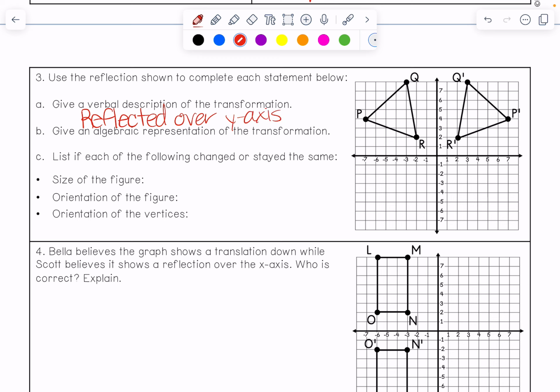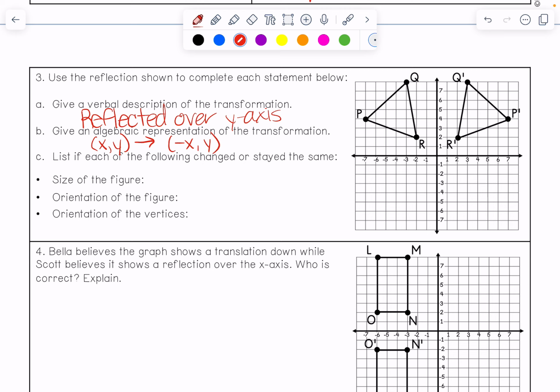And so if I want to give an algebraic representation, I went from my starting point (x, y), and remember, if we flip over our y-axis, our x values will become the opposite, and the y values will stay the same.